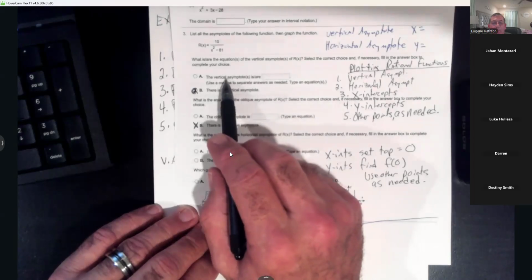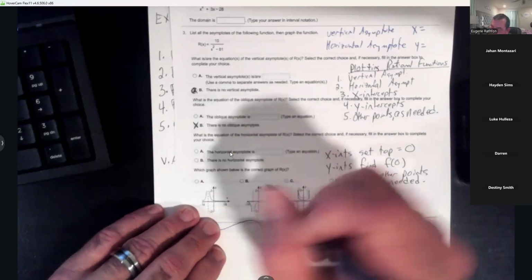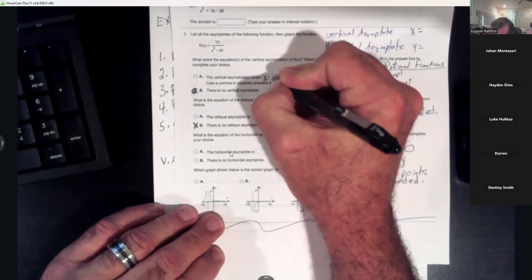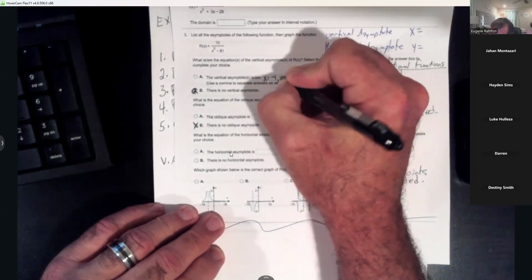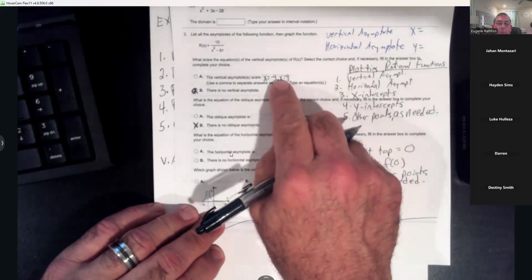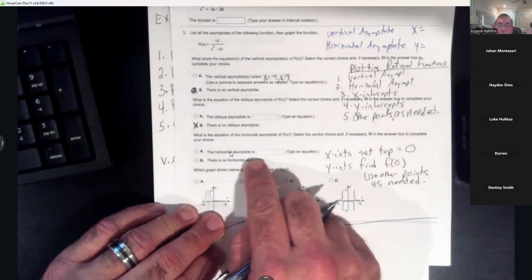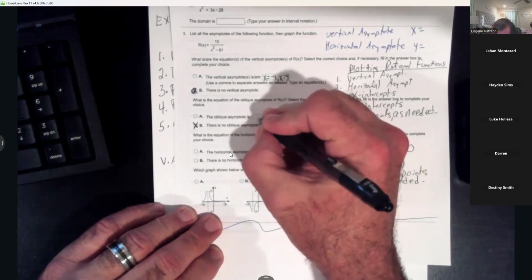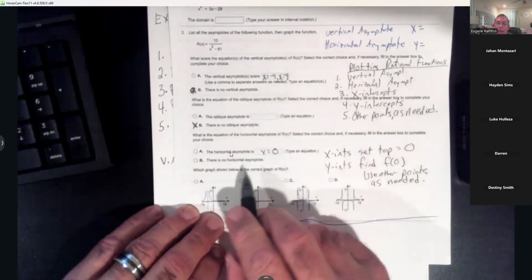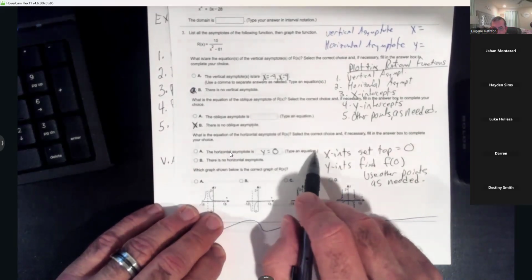We will find vertical asymptotes. And remember, you got to put them in as an x. So we had x equals -9, x equals 9. It's got to be in the form of an equation. And then the horizontal asymptote would be y equals 0 on that. And it's got to be an equation. Okay?